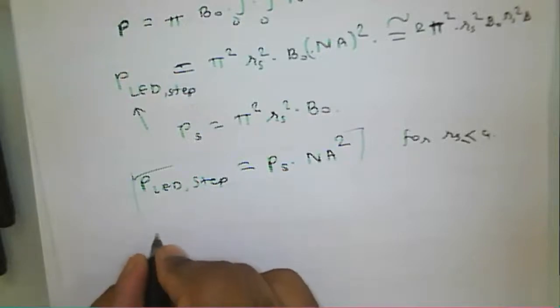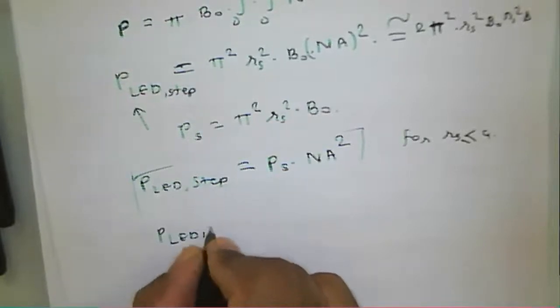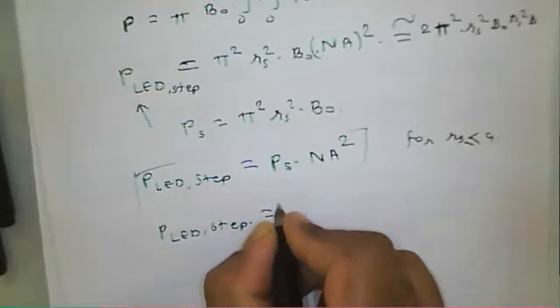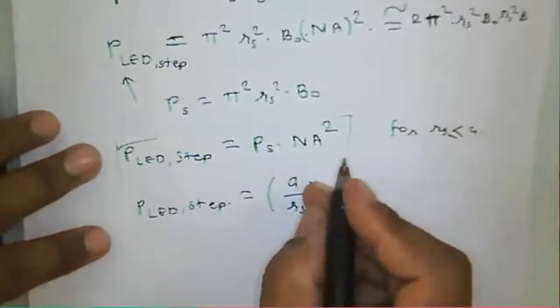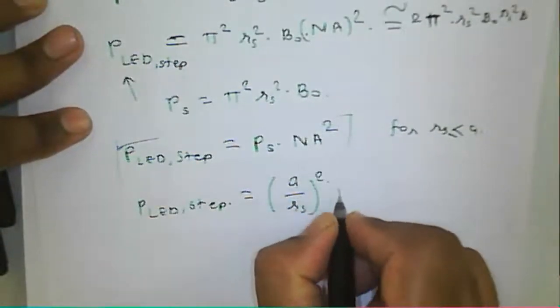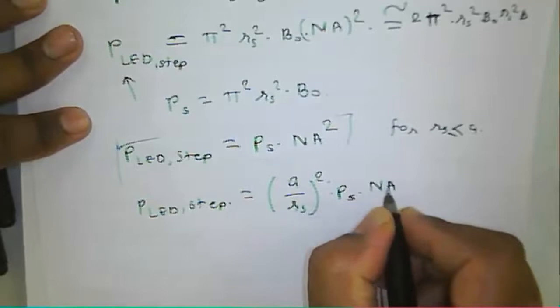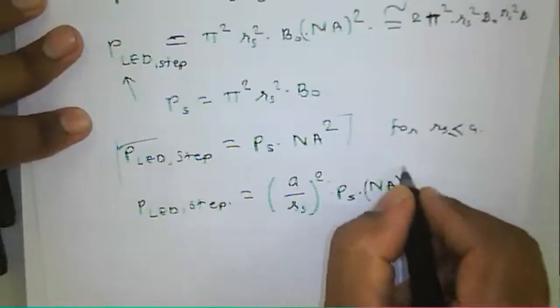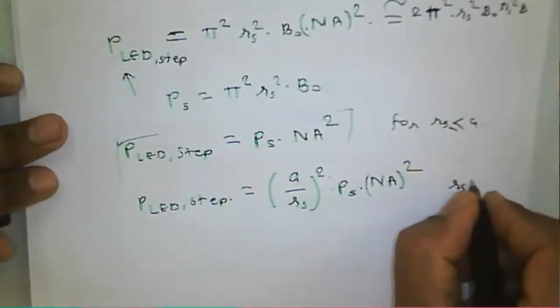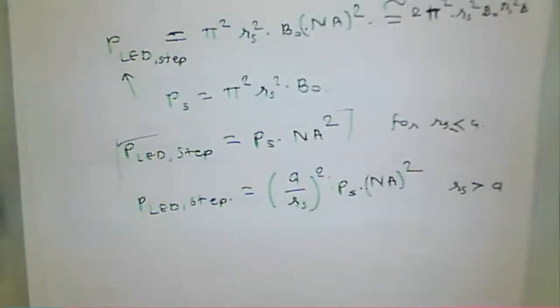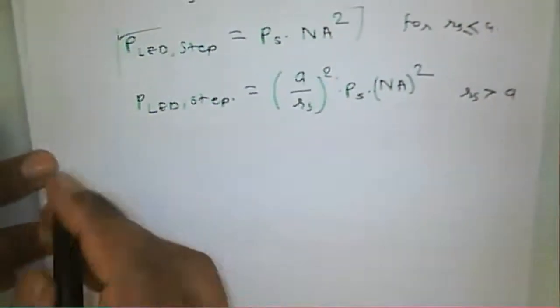So we can write P_LED-step equal to (a by r_s) bracket square P_s NA bracket square. In that case, r_s is greater than a here. So this is about a light emitting diode and its step index fiber.